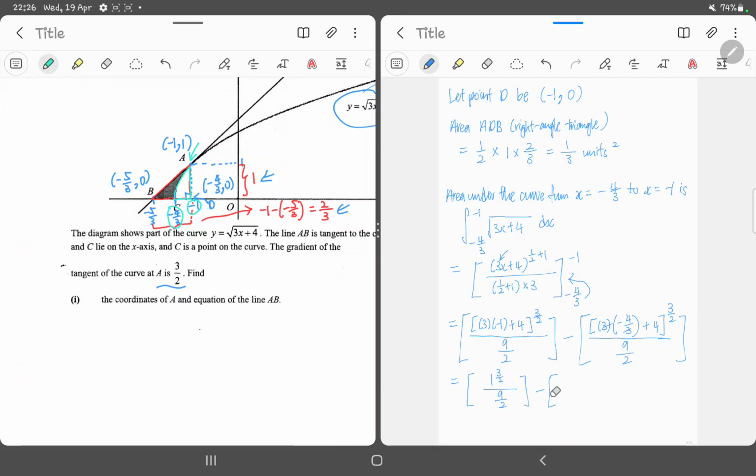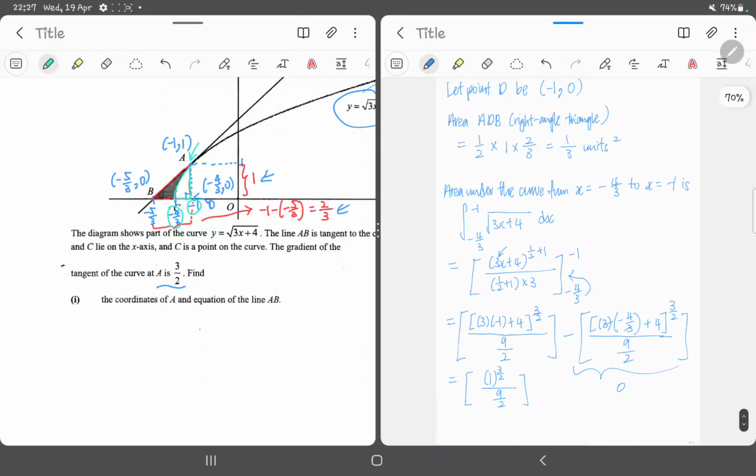So there's nothing over here. So 1 to the power of 3/2, because 3 cancel with 3, is 1. So we are left with minus 4 plus 4, which is 0. So 0, which is the numerator, divided by 9/2 is 0. So this whole thing is 0. So we don't have to bother about that one.